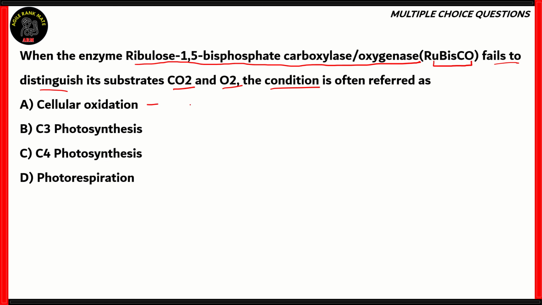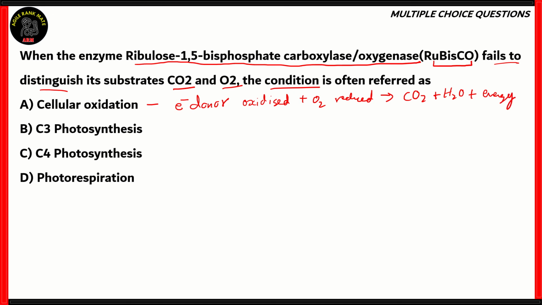What is cellular oxidation? In cellular oxidation, the electron donor gets oxidized and oxygen gets reduced, and this forms CO2 plus H2O plus energy.